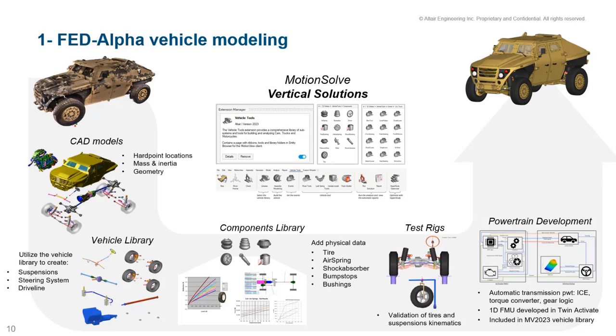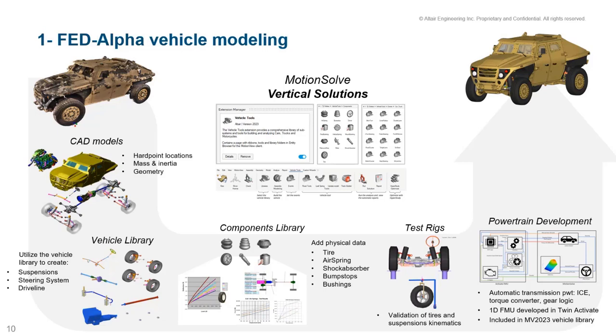So we developed a completely new powertrain model, mainly including the torque converter, the gear, the engine, and the shift logic. This development was done in Twin Activate. And after this project, we also included this powertrain representation inside MotionView, and it's now available in MotionView 2023 as part of the vehicle library.